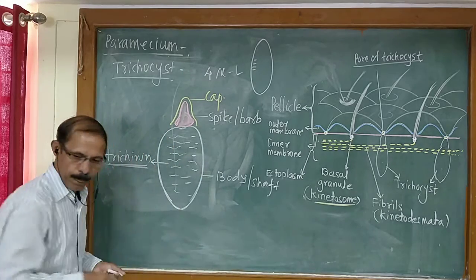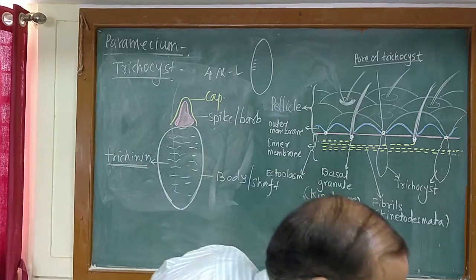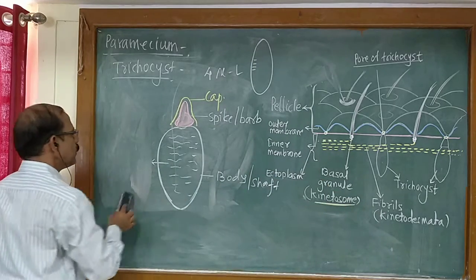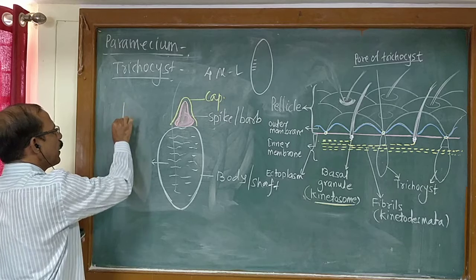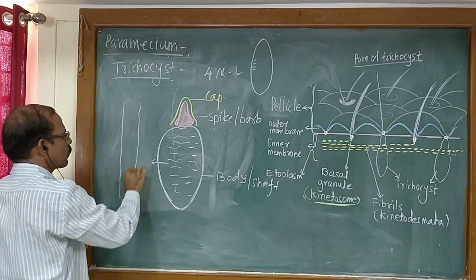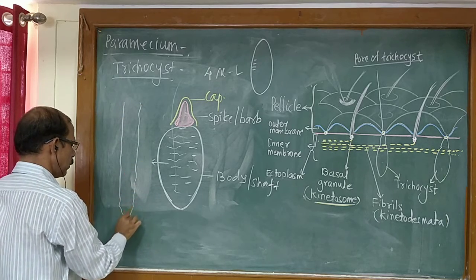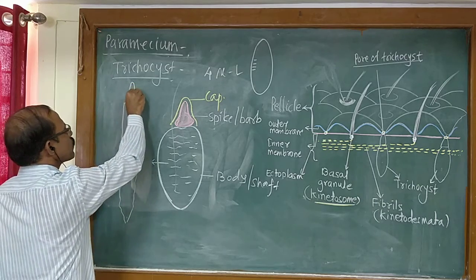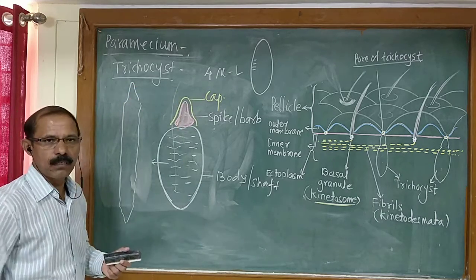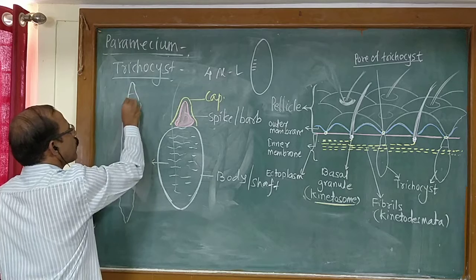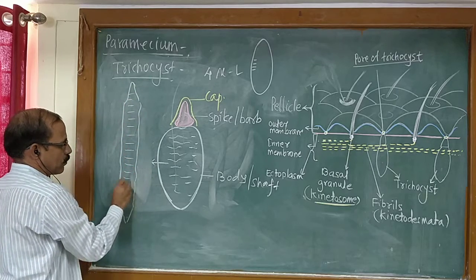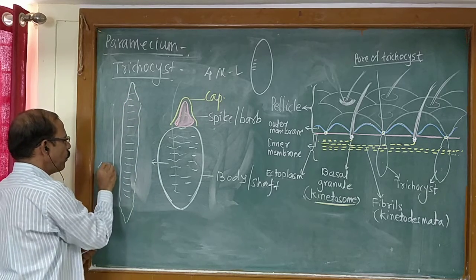The trichocyst elongates, increasing in length, and becomes a needle-like structure. The cap is damaged, broken, and it elongates to near about 40 micron in length.